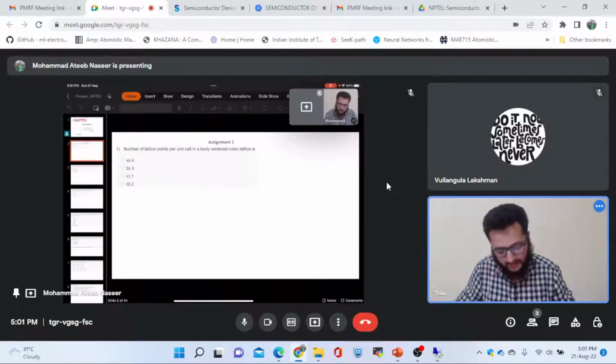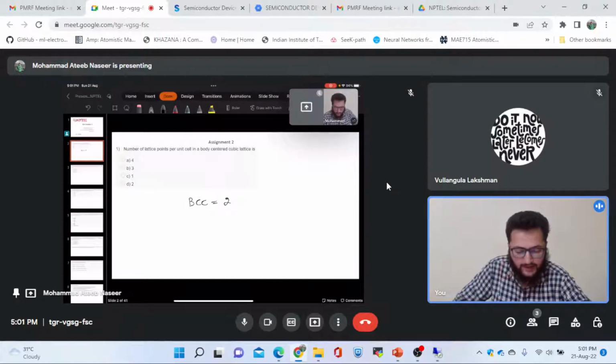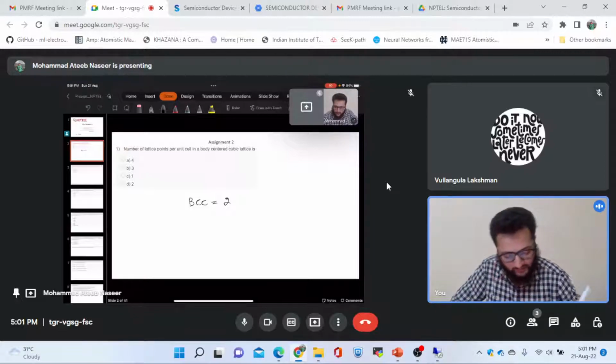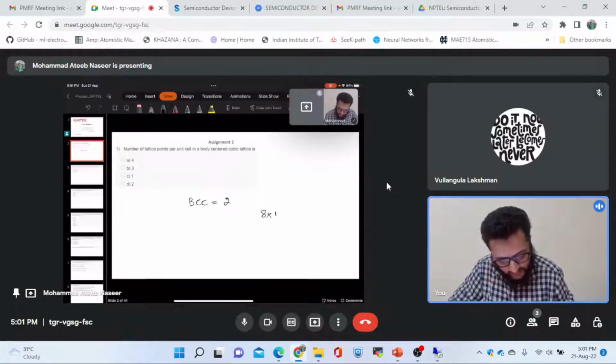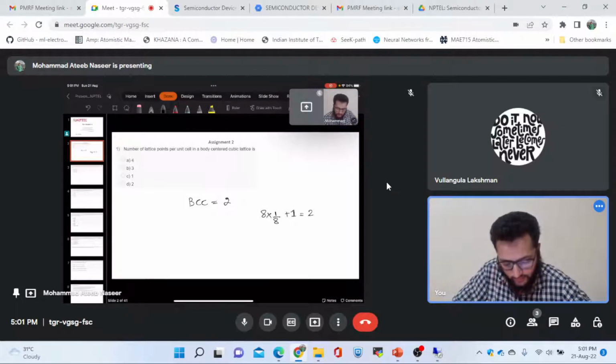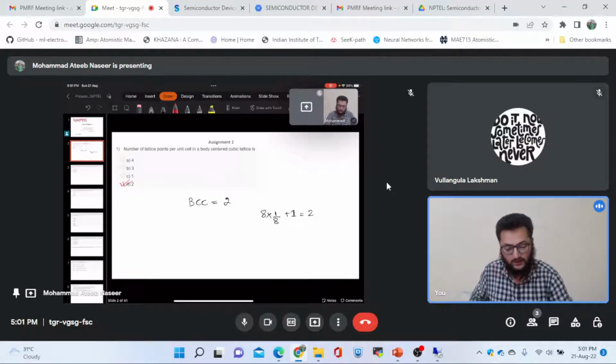We know that in BCC we have two lattice points per unit cell, because there are 8 at the corners, and those 8 are shared among the neighboring cells, and we have one at the body center. So in total we have 2 lattice points per unit cell. So option D seems to be the correct option, and we will go with option D.